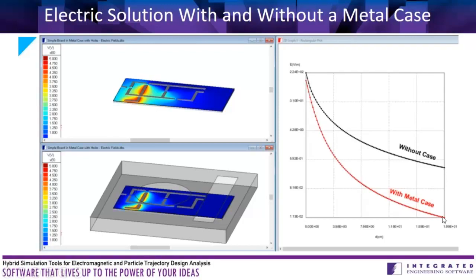So the field far away is much less because of the case. You can also see that it's affected the voltage distribution right on the board surface substantially. Having that ground means that the whole board is much closer to 0 volts except right beside where I've assigned the 5 volts.